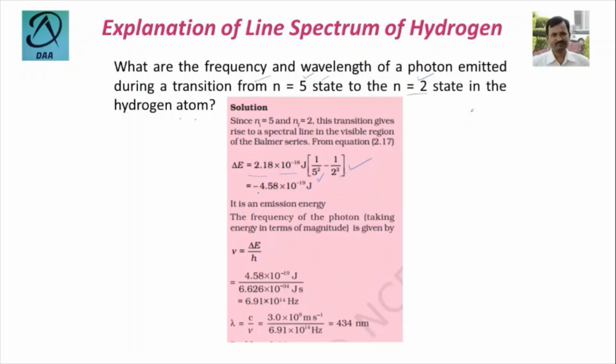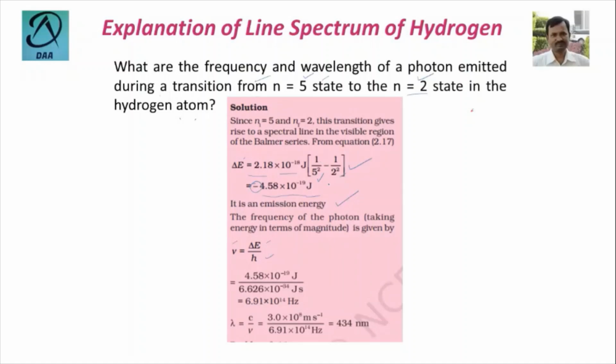And then after calculation, the final result will be 4.58 multiplied by 10 to the power minus 19 joule. And you can see this is negative. That means delta E is negative. What does it mean? That it is an emission energy. So now we can calculate the frequency of the photon very easily, because frequency is delta E by Planck constant h.